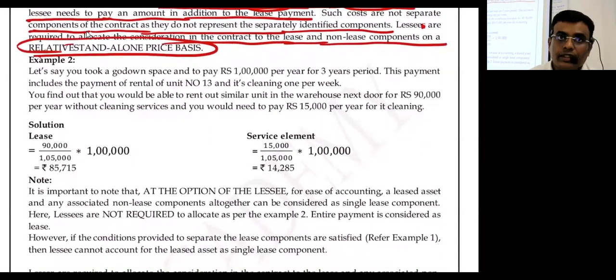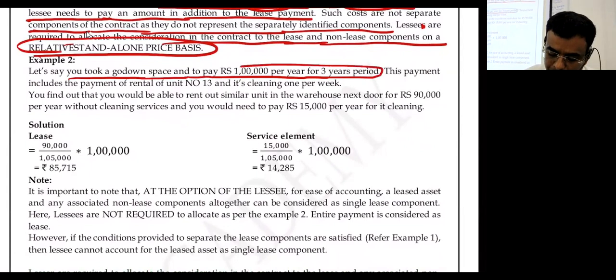Maintenance of the car, repairs and maintenance of the car, depends on who is going to do what. Understand this, you will understand. Let's say you took a godown space and pay 1 lakh per year for a 3-year period.